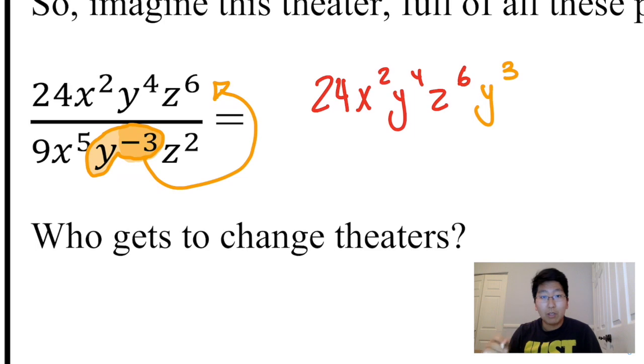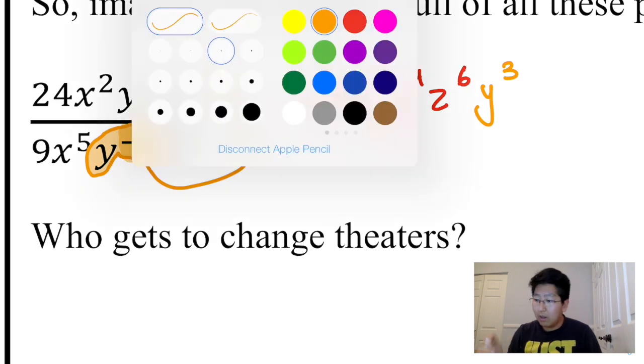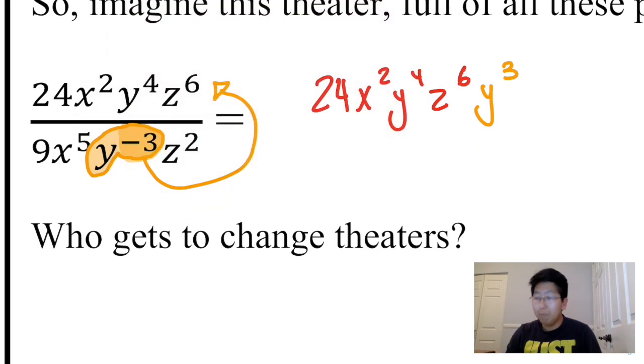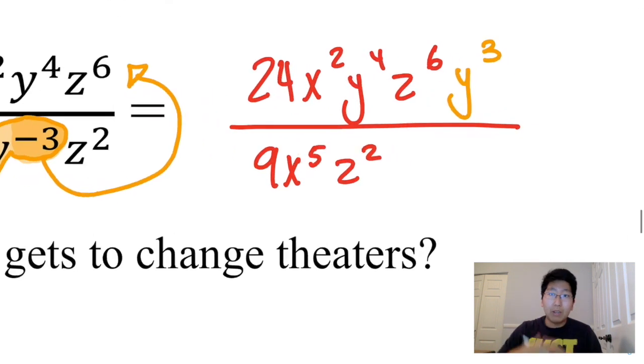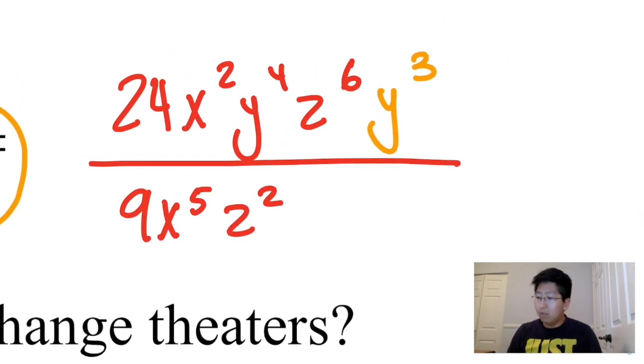This negative exponent is now gone. They used the ticket and now it's up to the top. Okay? And that's all over 9x to the fifth, z to the second. Notice that I did not write the y to the negative third. That moved up. We used the ticket and it's no longer at the bottom. So what it did is it flipped over to the top, that negative exponent.